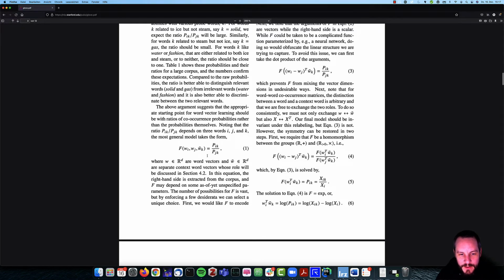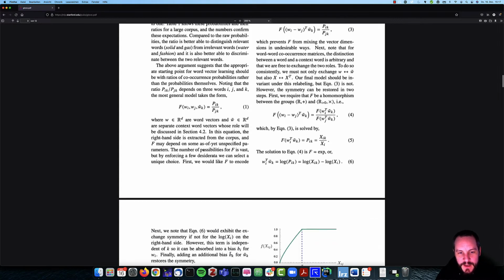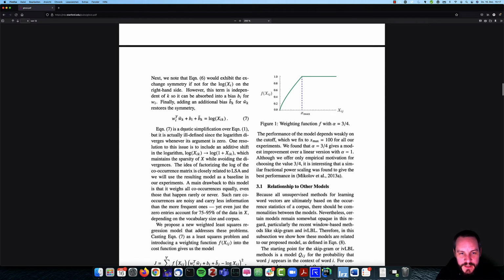But solving or finding these vector representations can be done by solving this here, and there's a slightly different notation in comparison to my slide, so sorry about that. X, i, k is what I'm referring to as C, i, k or C, i, j in the slides.